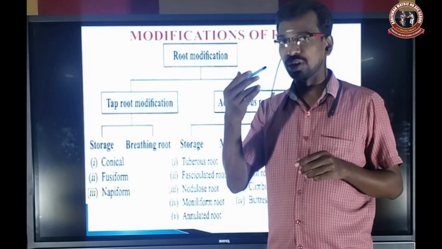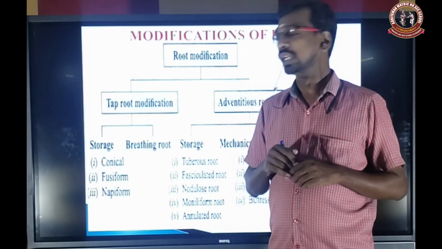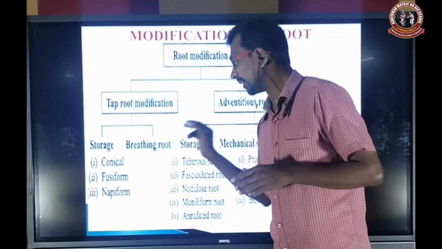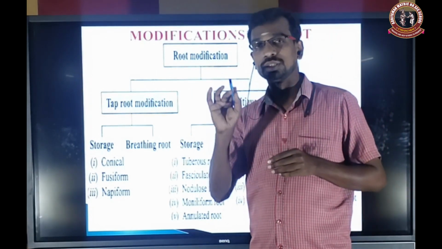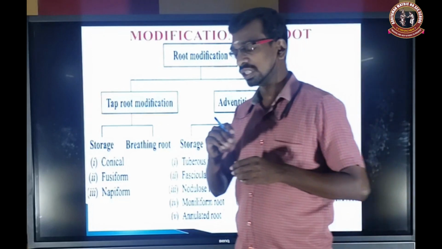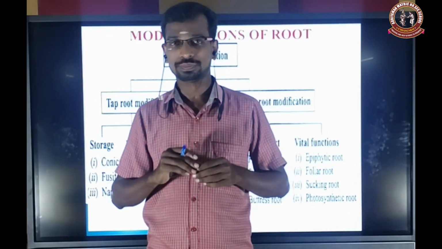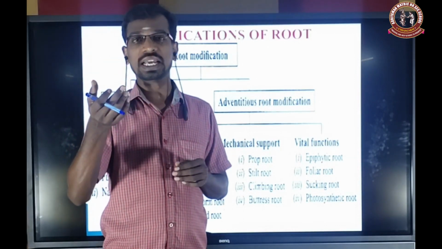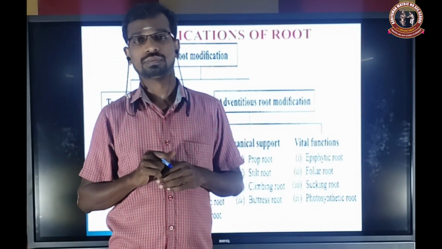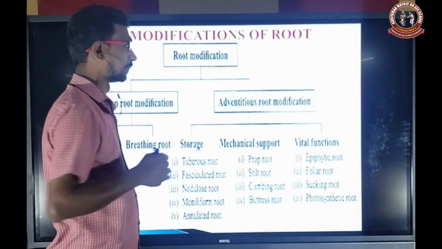They grow above the soil. The name itself has the meaning: breathing root. So it is a special root. This root has a special structure, the pneumatophore. This pneumatophore helps to exchange gases. That is a breathing root.